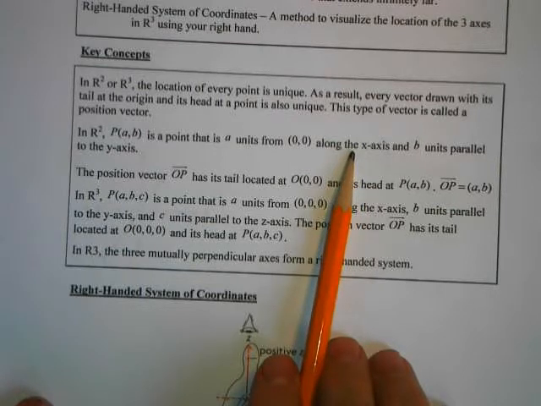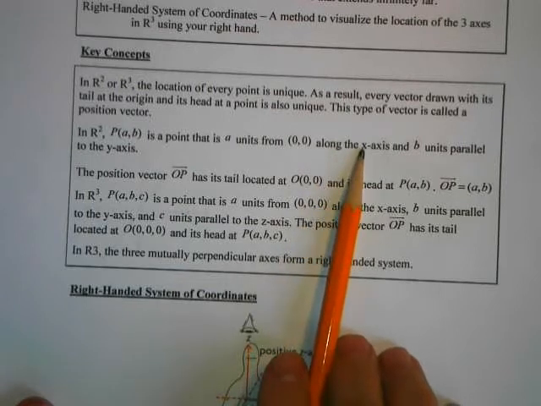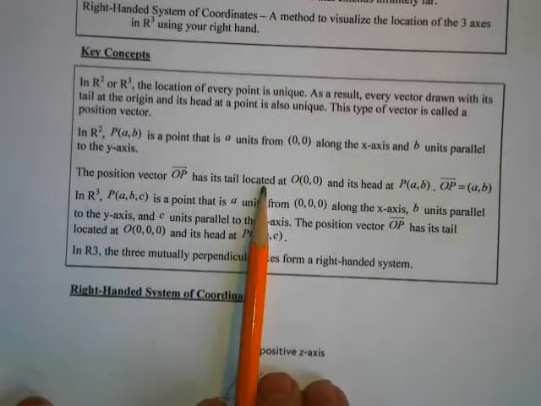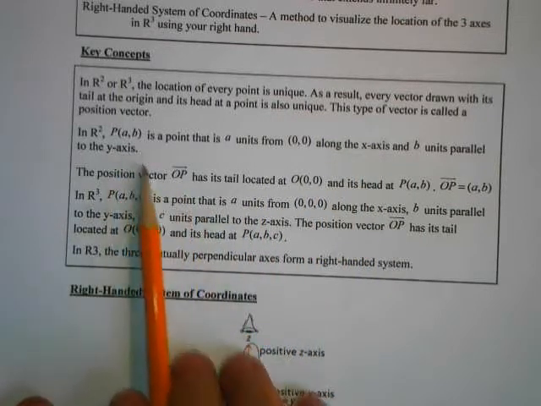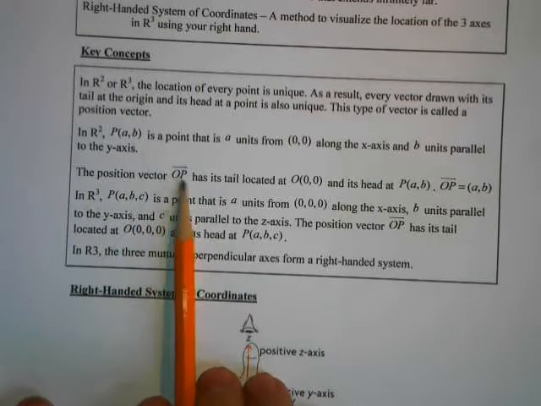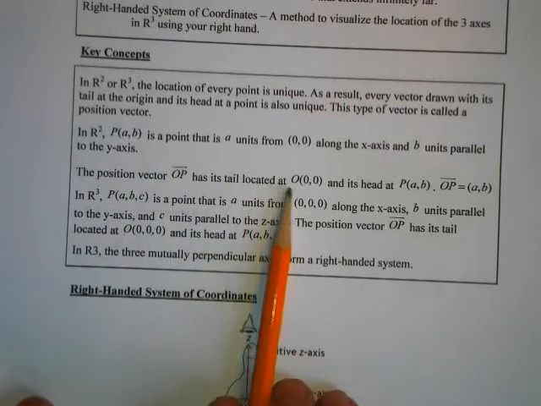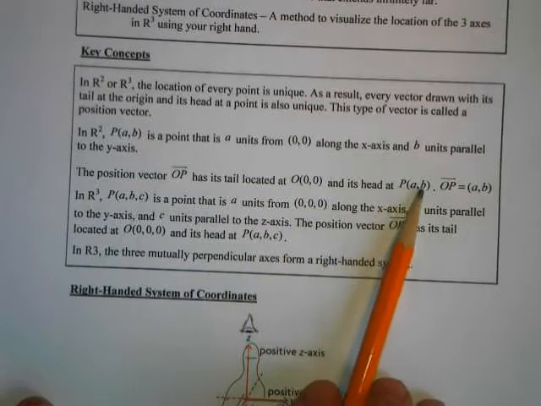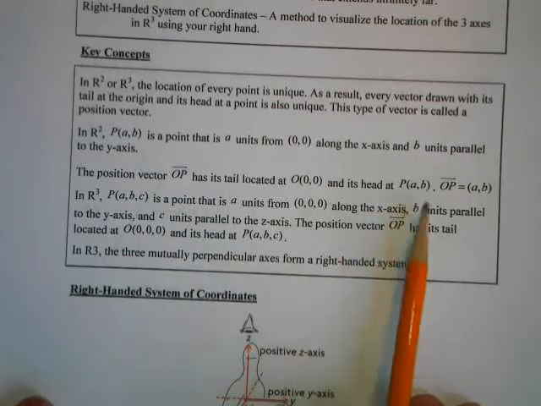So basically, when you're creating a point in R2, you travel along the X axis till you get to the desired X value or X coordinate, and then once you're there, you either move up or down, in this case B units, to get to the unique point AB. And the position vector OP getting to that point, so from the origin to the point P, has its tail located at O, which has coordinates 0, 0, and its head at point P that has coordinates AB.